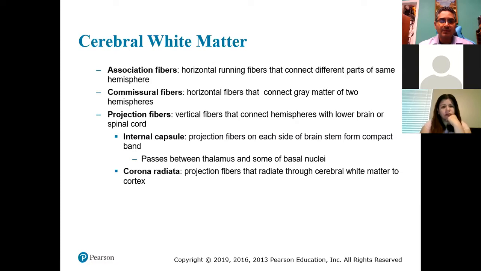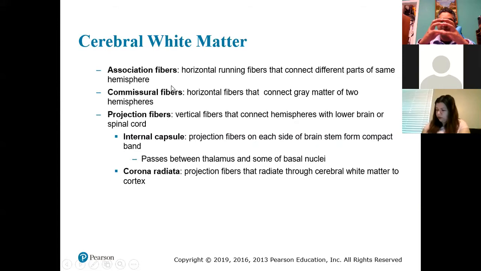Well, they're in the same hemisphere, either in the left hemisphere or in the right. When you see those keywords, same hemisphere, you think association fibers. So definition: association fibers are horizontal running fibers that connect different parts of the same hemisphere.